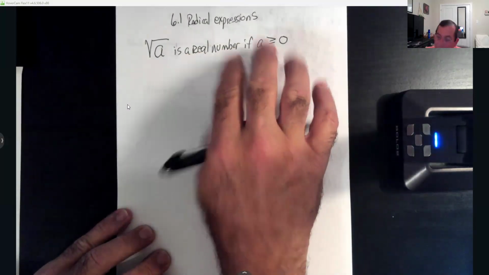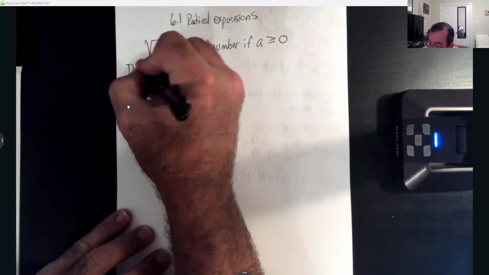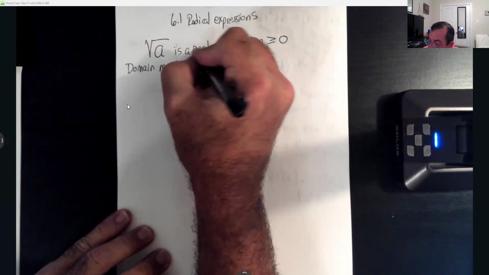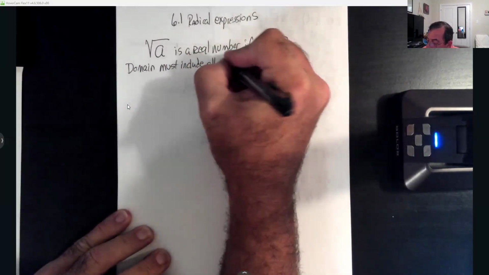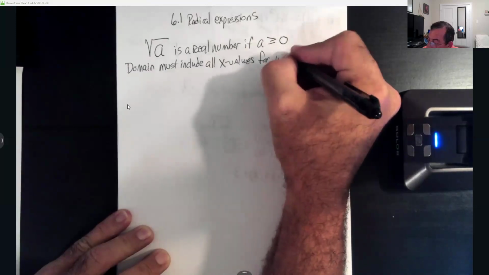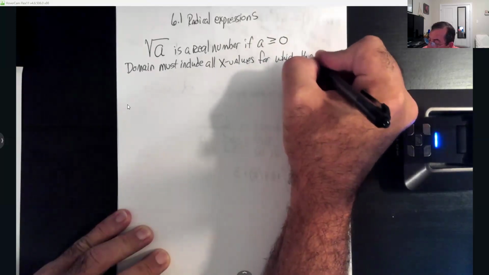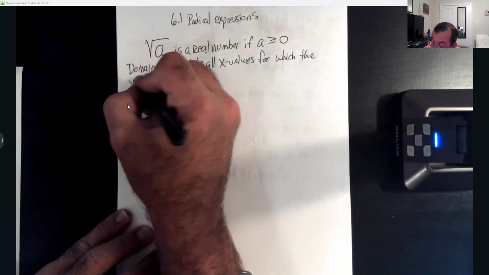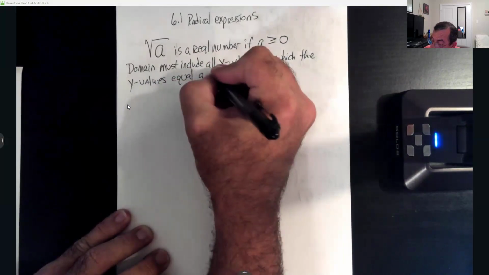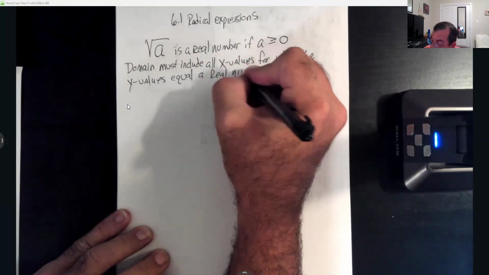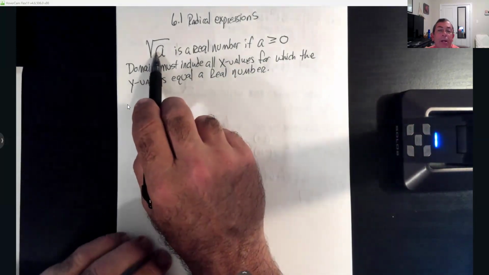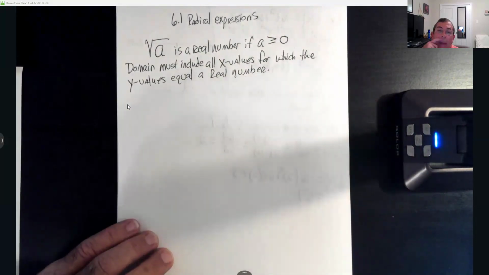So when we do a domain, domains must include all x values for which the y values equal a real number. Well, taking square roots of negative numbers is not a real number. Those were imaginary.